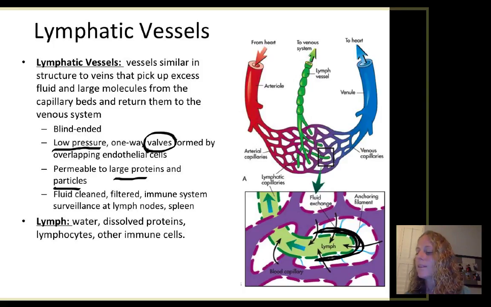This fluid, the lymph, will travel through the lymphoid tissues, including the lymph nodes and the spleen, and we'll cover the lymphoid tissues when we cover the immune system later in the quarter. Just keep in mind that the lymph is made up of primarily dissolved proteins in water, lymphocytes, and other immune cells.